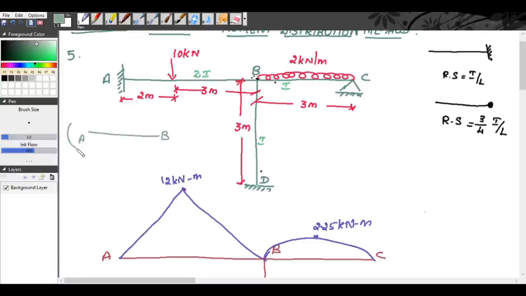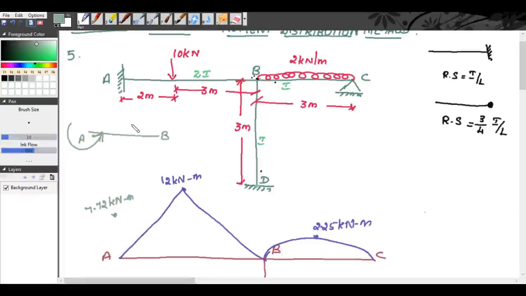That means anti-clockwise. See, draw anti-clockwise, it is pointing upwards. So, we will write here, it is pointing upwards. Value is 7.72 kilonewton meter.